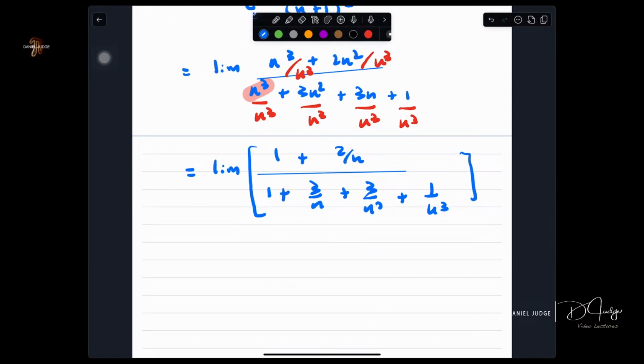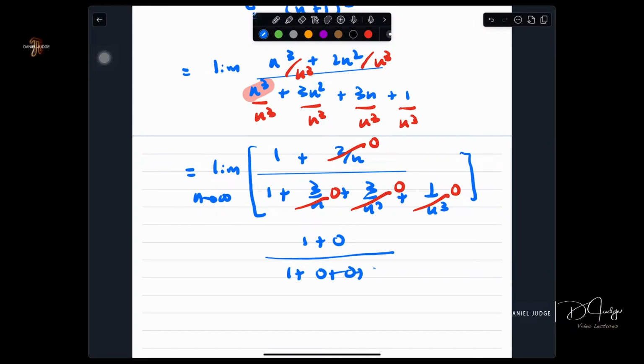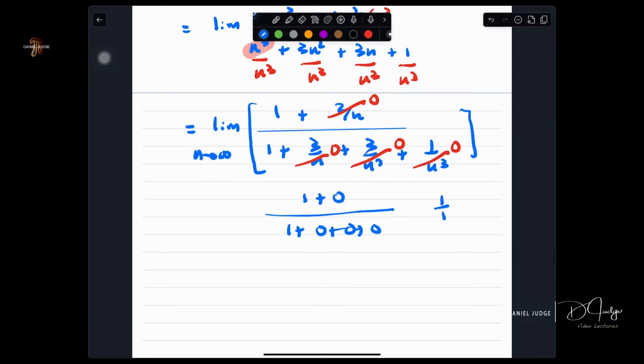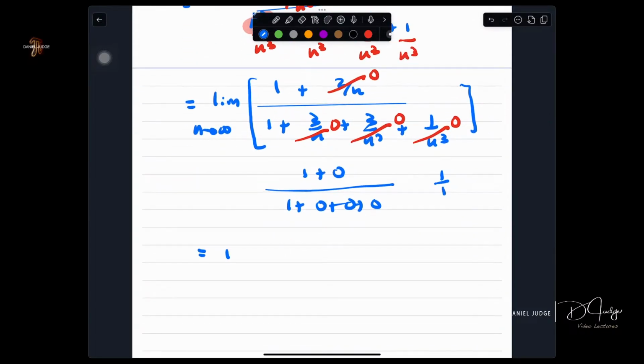So, ladies and gentlemen, when we apply the limit as n goes to infinity, this term will go to 0, this term goes to 0, goes to 0, goes to 0. We're left really with 1 plus 0 over 1 plus 3 zeros, and this is 1 over 1, and that equals 1.